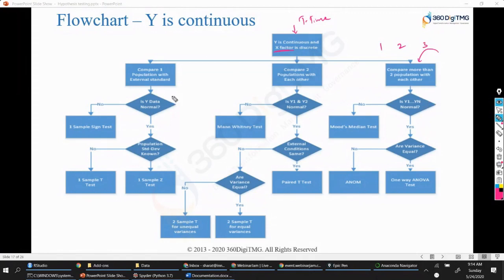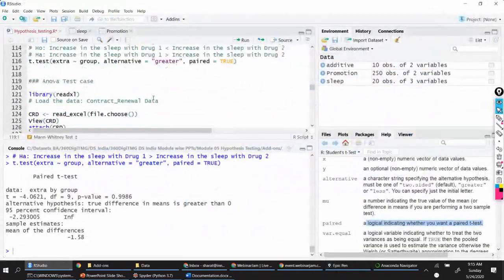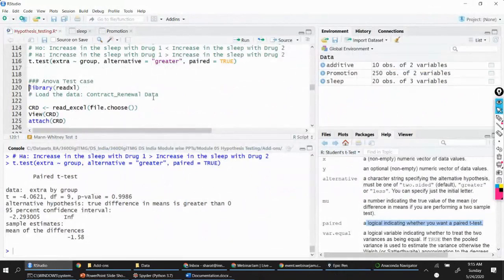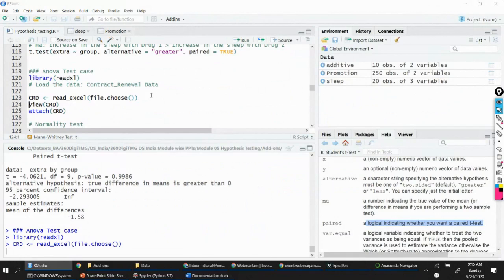And just like any other test case, if your data is continuous, we need to verify for normality. And the normality test conditions would remain the same. We say data are normal, that's the default assumption, and data are not normal. We come here, and let's load the data set and see the data.